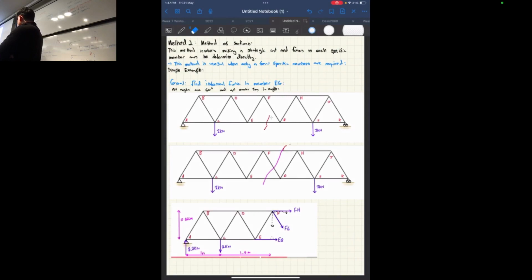Compression is the opposite, which means you're pushing it inwards, so you're compressing the member. In general, we usually draw it as tension because tension is the positive sign convention. Let's say these are FBA, FBC, FBD.